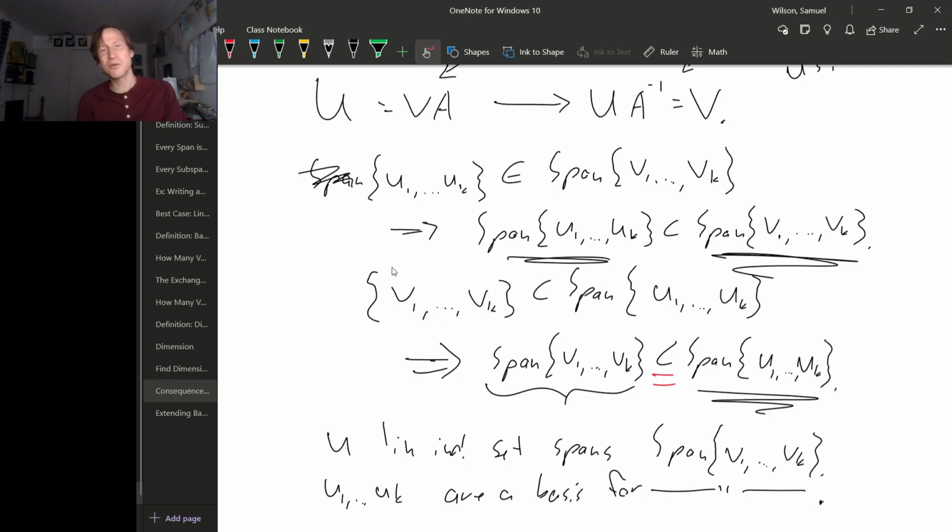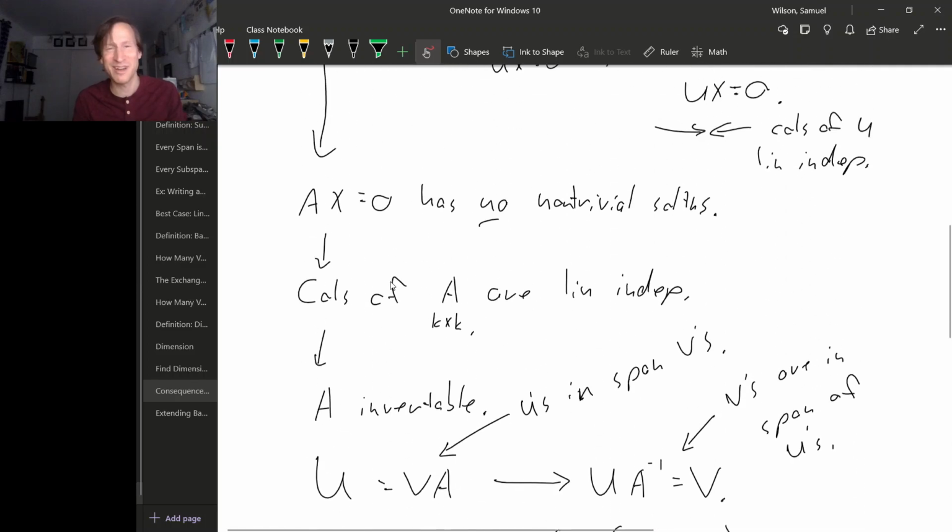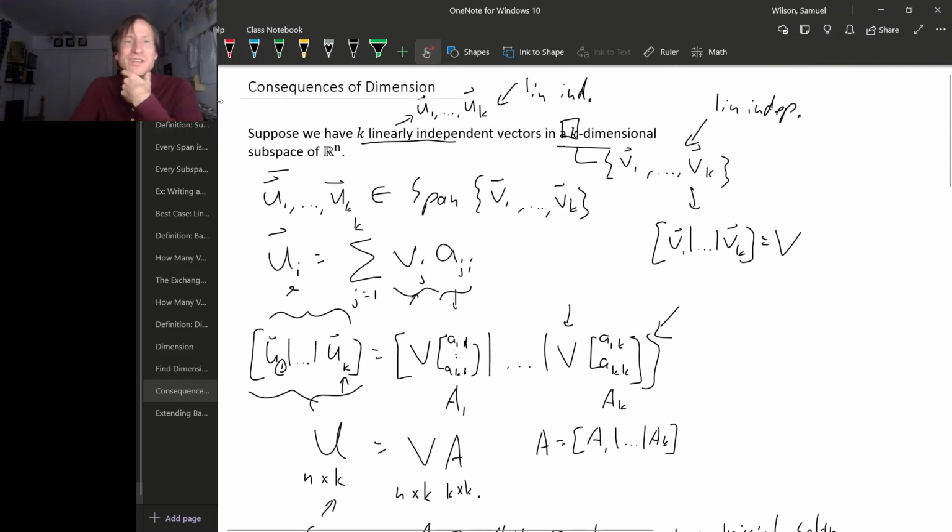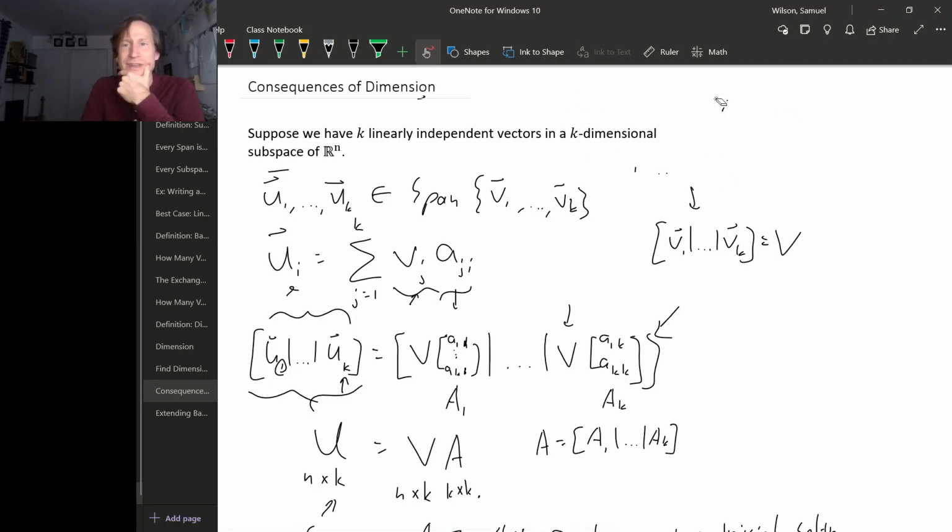So let's go back to the top and summarize. Right. So we supposed that we had k linearly independent vectors in a k-dimensional subspace. What we figured out is those k vectors are a basis for that subspace.